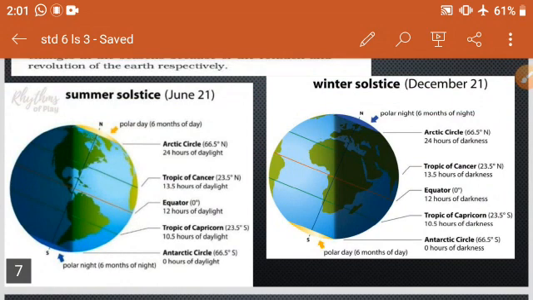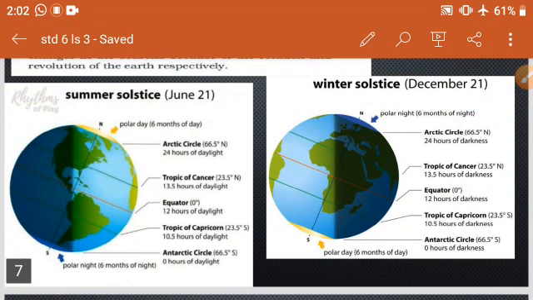The Arctic Circle, the Tropic of Cancer, the Equator, the Tropic of Capricorn, the Antarctic Circle are also affected. For example, the Arctic Circle has 24 hours of darkness, Tropic of Cancer 13.5 hours of darkness, the Equator 12 hours of darkness, the Tropic of Capricorn 10.5 hours of darkness, and the Antarctic Circle has 0 hours of darkness because it is getting sun rays.